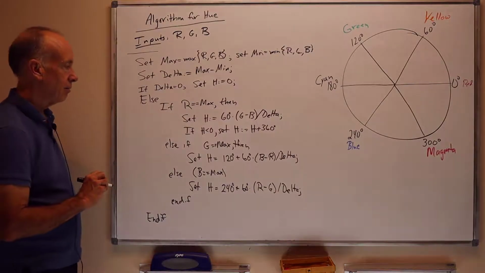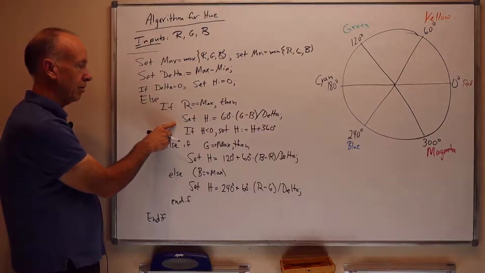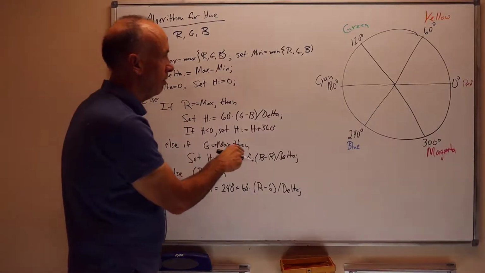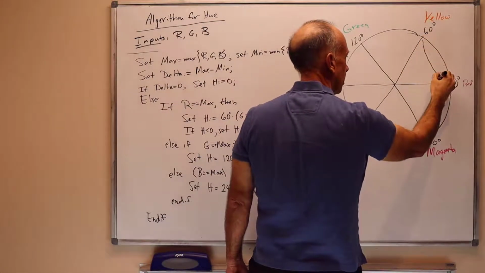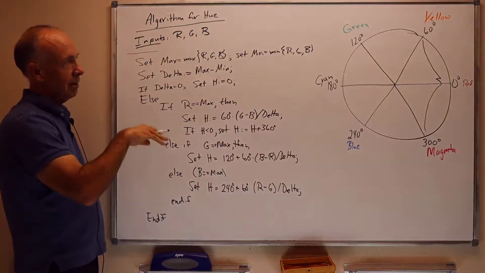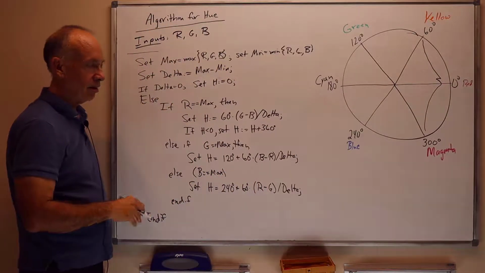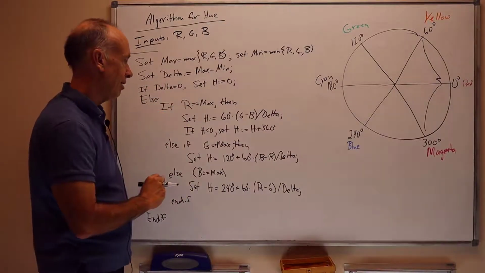So to understand how this works, let's just do the first one here where the maximum is red. If the maximum is red, we're going to be in this range of the color circle, somewhere between negative 60 degrees and positive 60 degrees, or when we wrap things to be positive, between 300 degrees and 60 degrees.